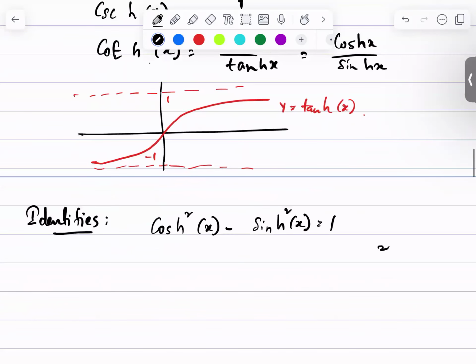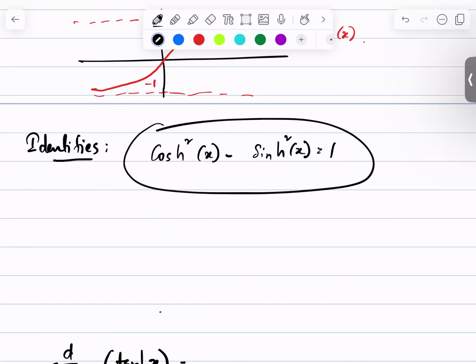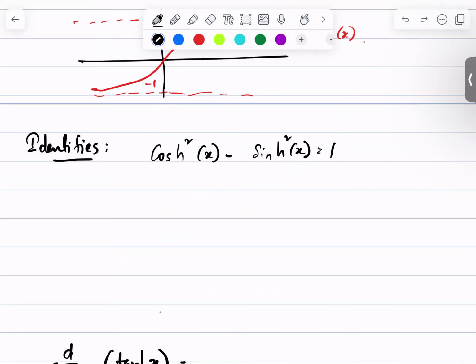Now we know that there are some identities for trigonometric functions. For example, sine square theta plus cosine square theta is 1. So similarly, we have some identities here as well. I will show some of them. So this is one identity. It's sort of similar to sine square theta plus cosine square theta being 1.